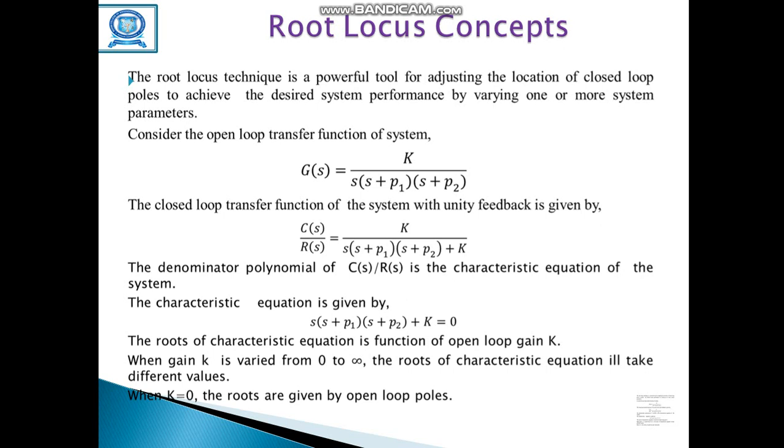The roots of the characteristic equation are a function of the open loop gain K. When gain K is varied from 0 to infinity, the roots of the characteristic equation will take different values. When K equals 0, the roots are given by the open loop poles.